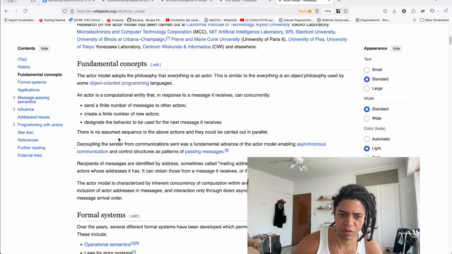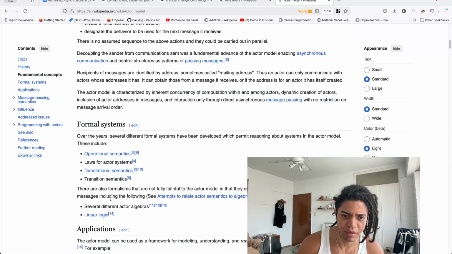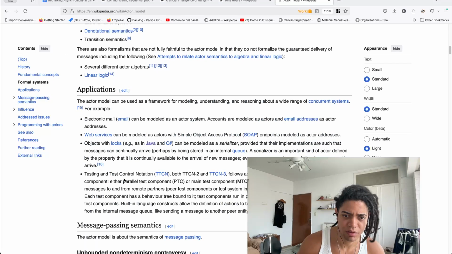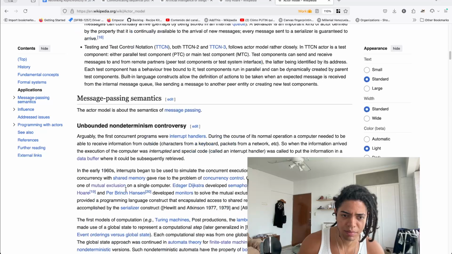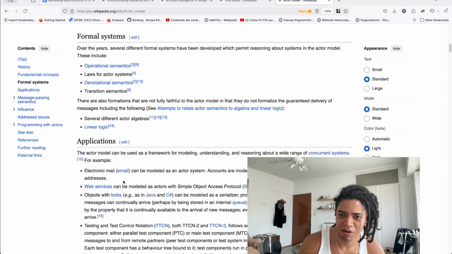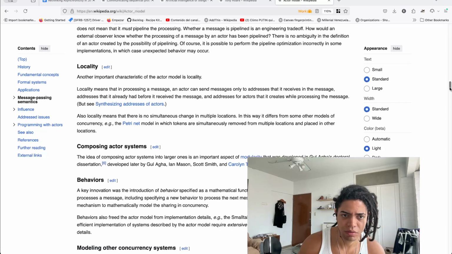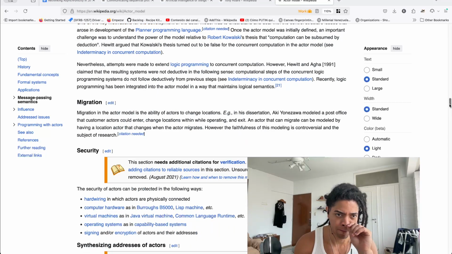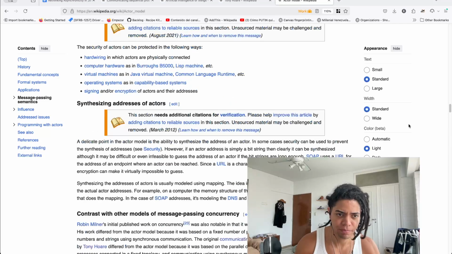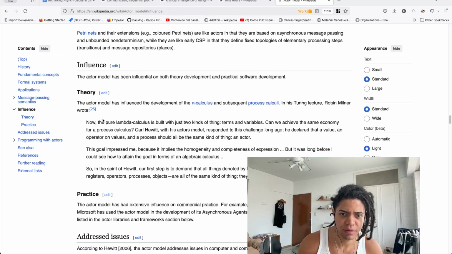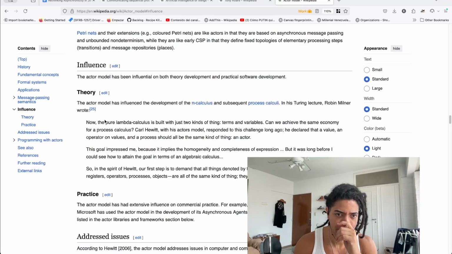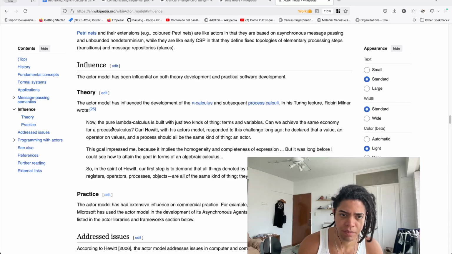Now we get into the big leagues. Influence, and practical software development.